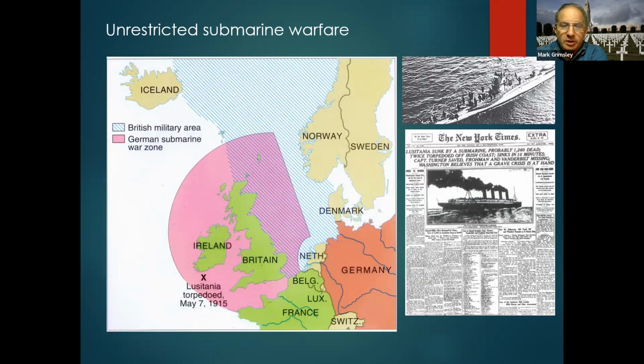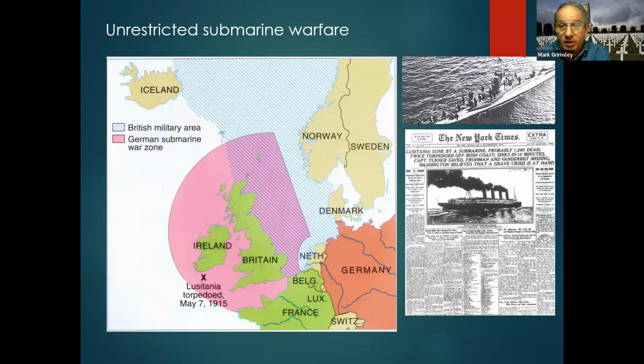Ireland was then at this point, in essence, a colony of Great Britain, and the idea was they gave warning that if any vessel at all came within that area, it was going to be considered to be a legitimate target of U-boat attack, and this was considered to be a barbaric policy.